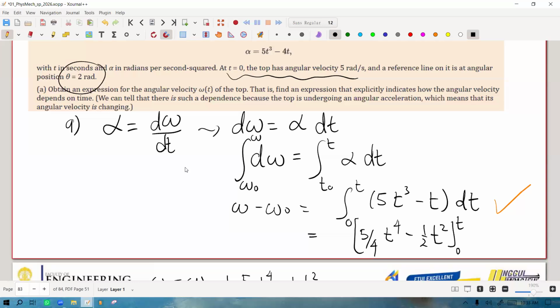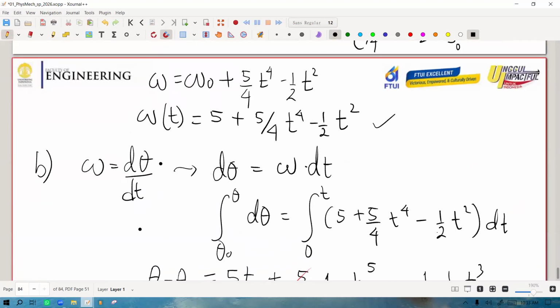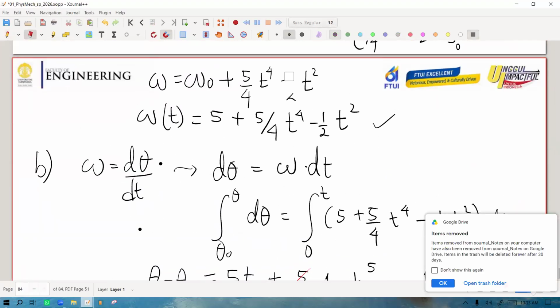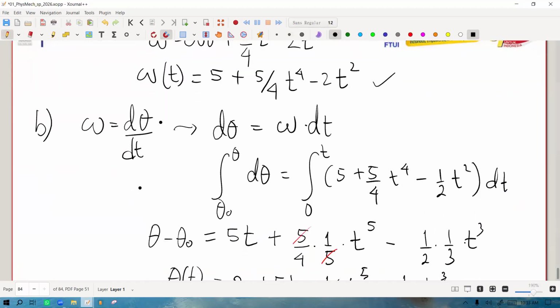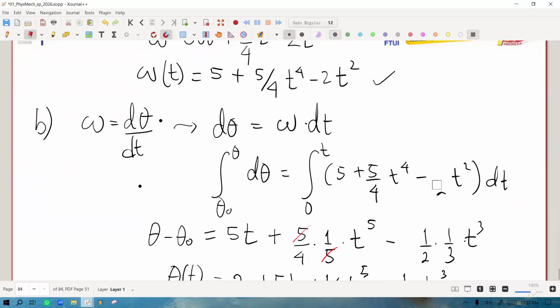Okay, I think here is 4 divided by 2, right? So this one is not half, but here is 2, and then this one also 2. Since 4 divided by 2, here is 2, and here also 2.